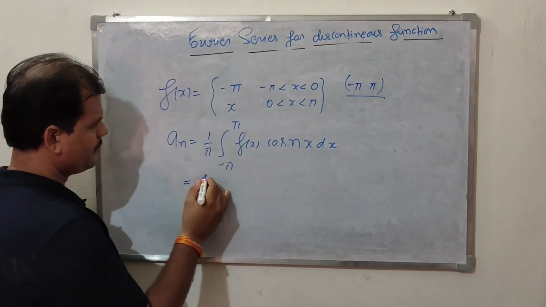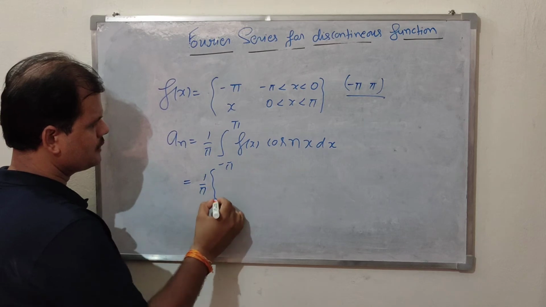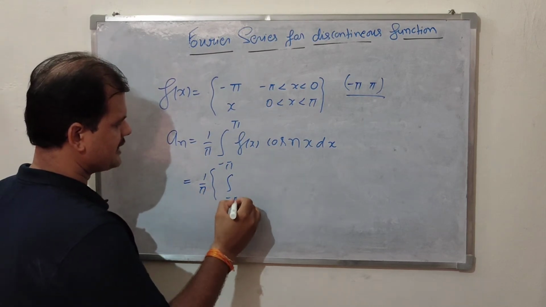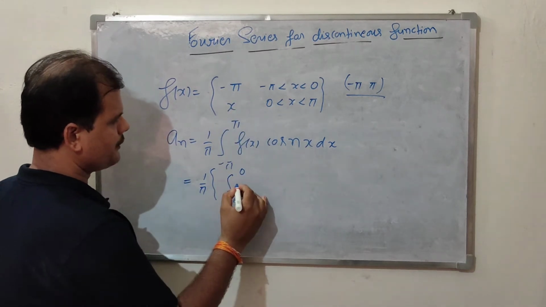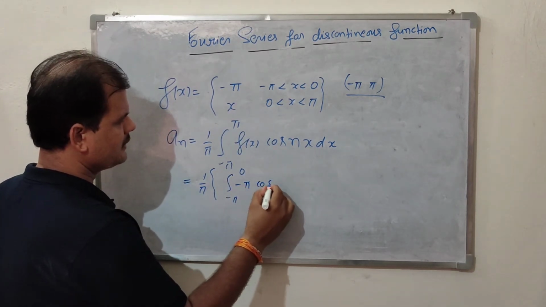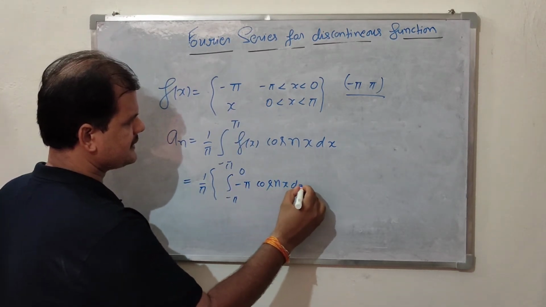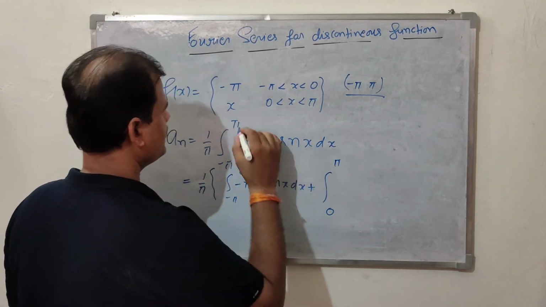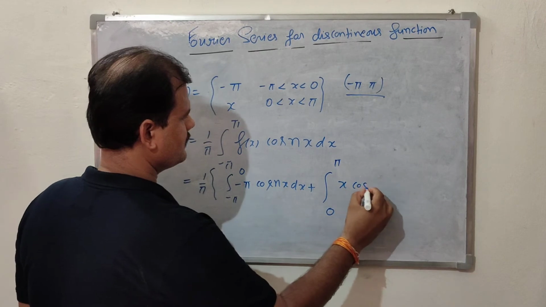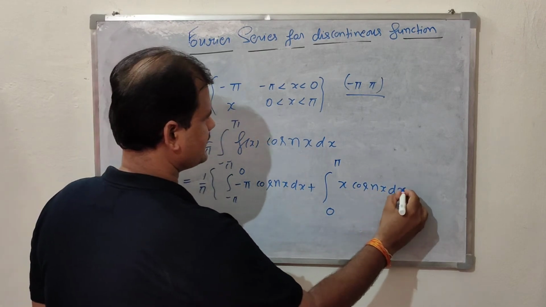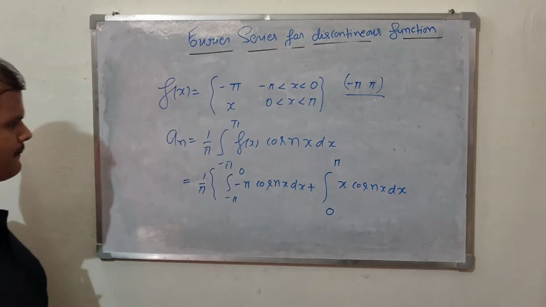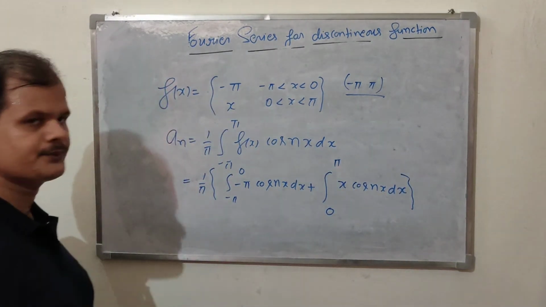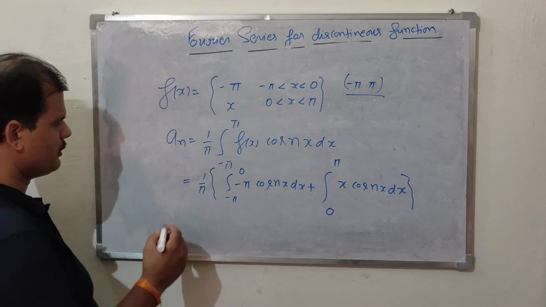Then 1 by pi, so break it into two parts: one part will be minus pi to 0, in the place of f we have minus pi cos nx dx, plus 0 to pi x cos nx dx. Fine. Now we need to integrate and substitute the value, upper limit minus lower limit.